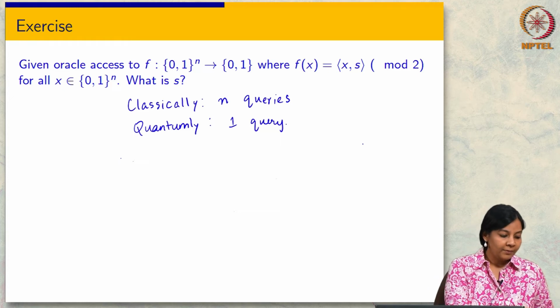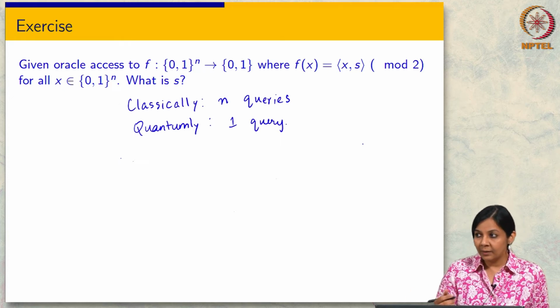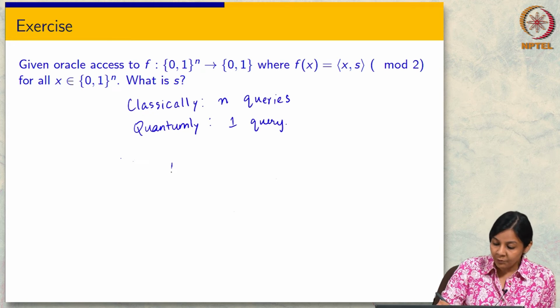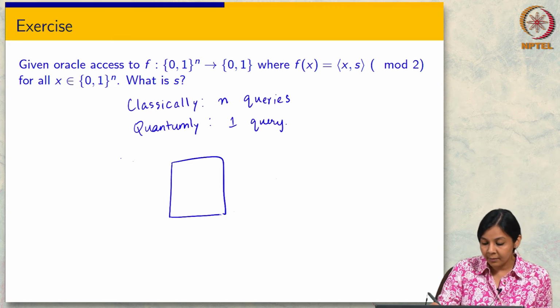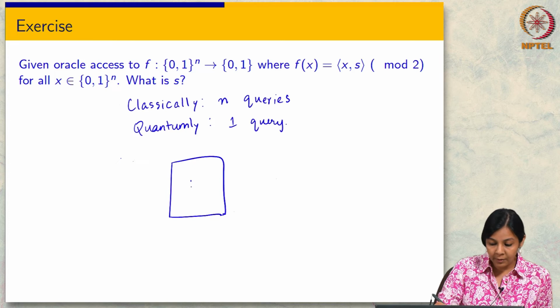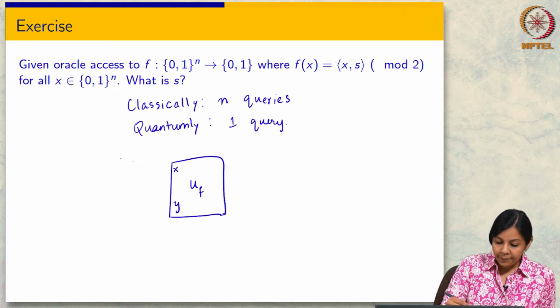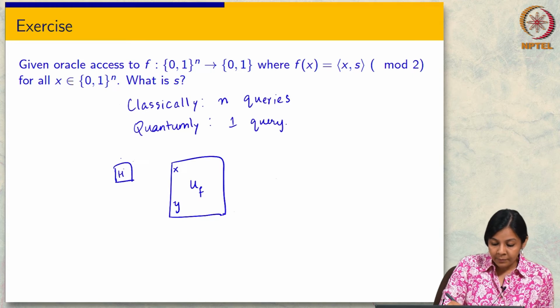So first let me recap the algorithm. Okay, so as usual we have our oracle function here, U_f, C_f, whatever you want to call it. Okay, so remember what we were doing.